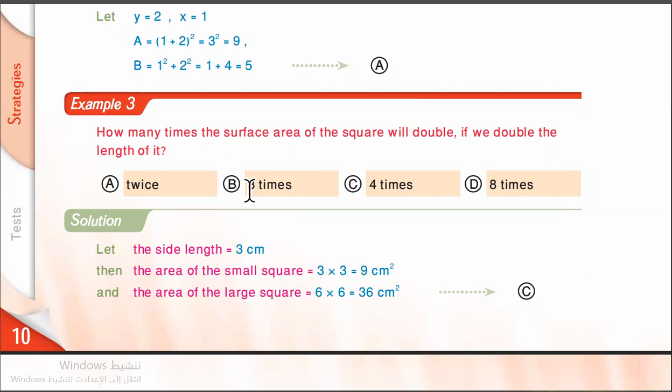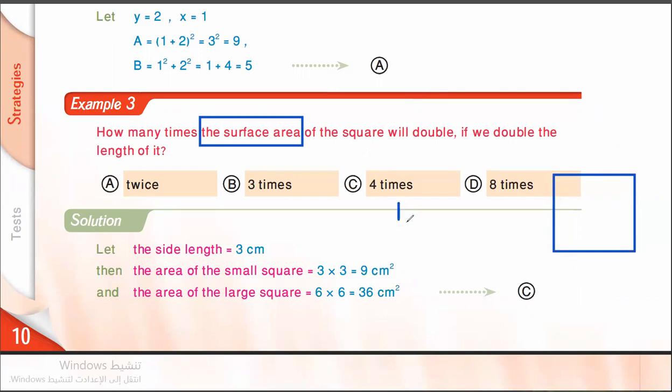How do you solve these problems, because I don't have any numbers here? I suppose what I will do, if I have squares like this, because of the surface of a square, I suppose the length is 1.